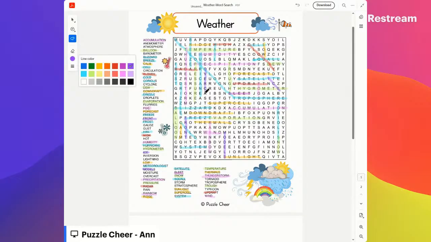O-V-E-R-C-A-S-T, overcast. Here's moisture, vertical, bottom leftish, moisture.